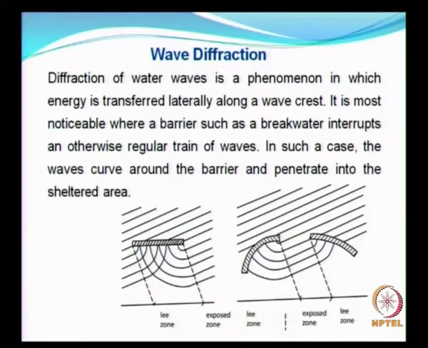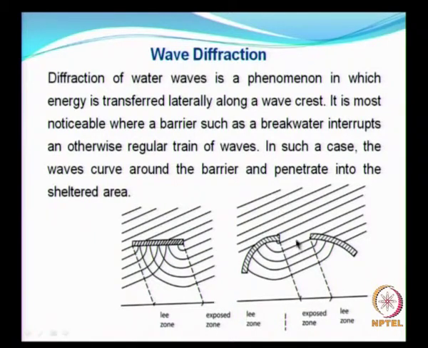Now we just look at the same diffraction phenomena with a pair of breakwaters. This is a classical example when you try to develop an artificial harbor. So normally you have a gap wherein the vessels will move through the gap, and these are the two breakwaters which are likely to offer you the required tranquility inside the harbor basin.